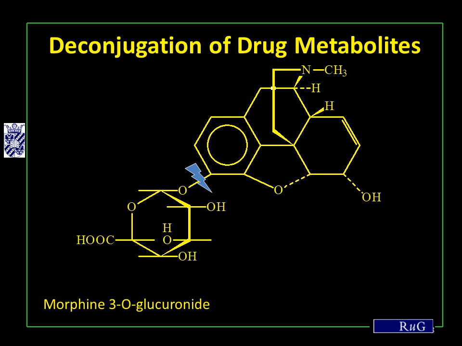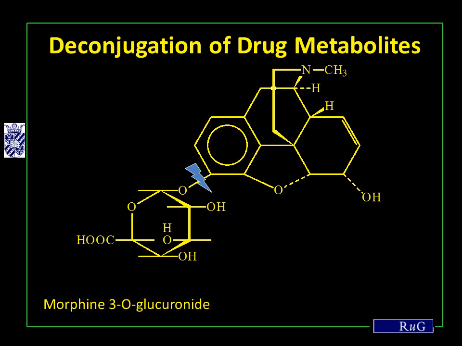A known phase 2 reaction is the conjugation of drugs. In this case you see morphine, a widely used painkiller, conjugated to glucuronic acid, a carbohydrate, to make it more hydrophilic and thus more easily excretable through the kidneys.